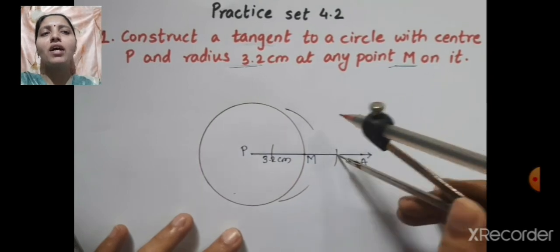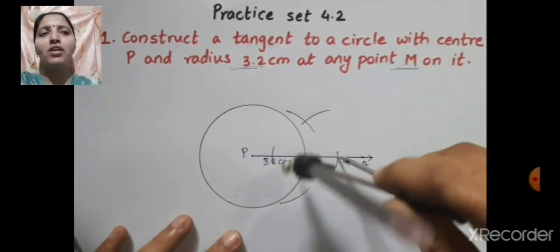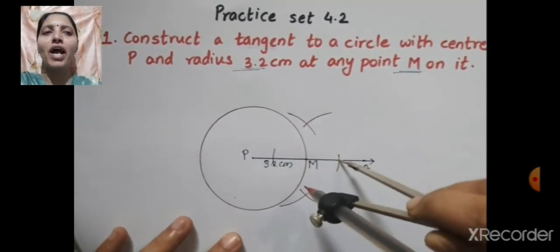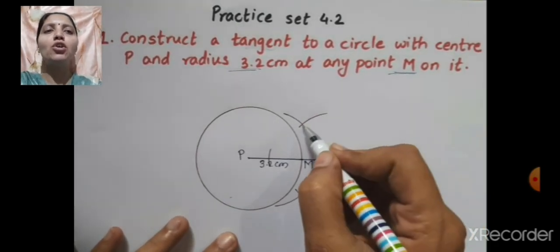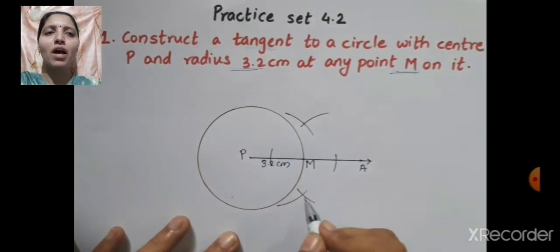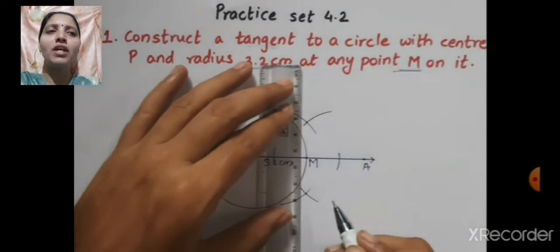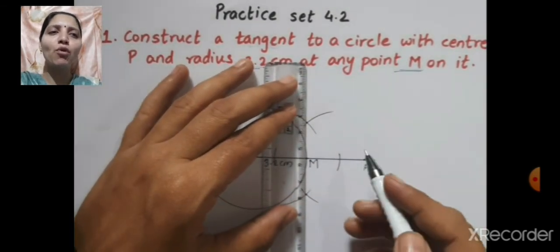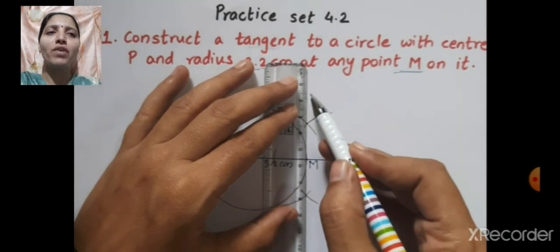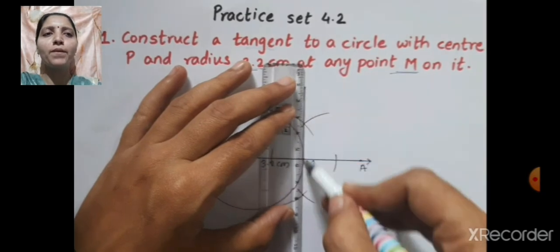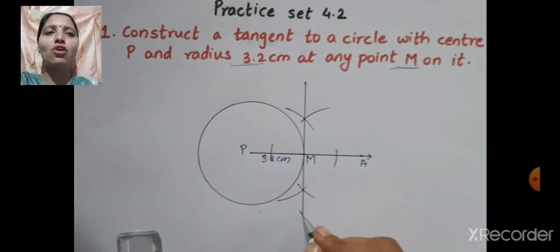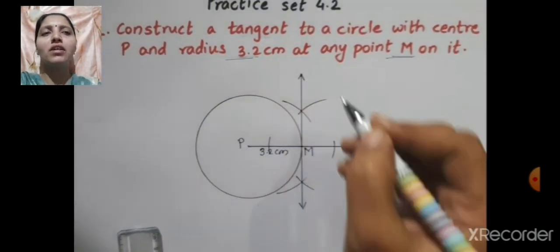Then put the pointer on the second mark and draw one intersecting arc above and one arc below. This way you will get 2 points, above and below ray PA. You have to join these 2 points and draw one line passing through point M. With the help of a scale, you will draw a line like this.